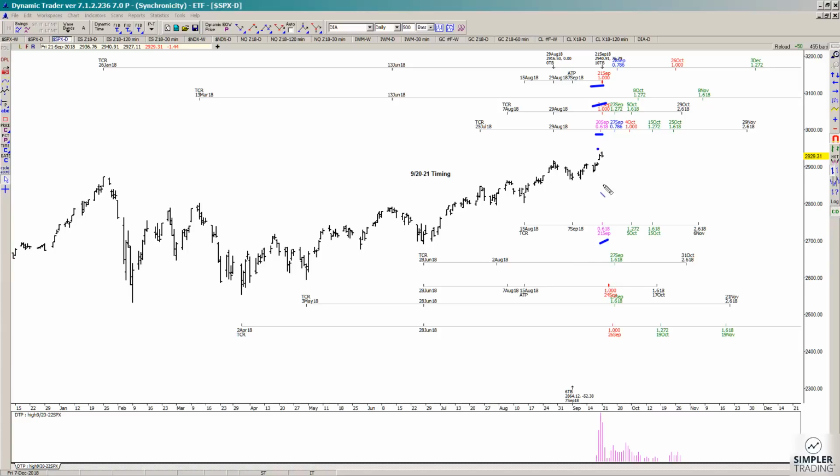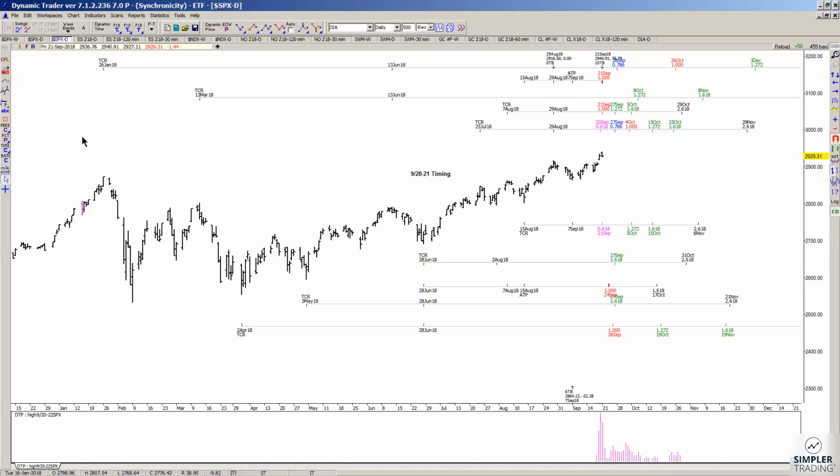But also, even if we haven't made a high yet, there's another cluster of cycles that comes in early next week, starting with the 24th. So then it's going to be the 24th, 27th after that. And you can see that I have quite a few cycles there also. So when the market is trading higher into a cluster of cycles, you want to anticipate a possible pullback.